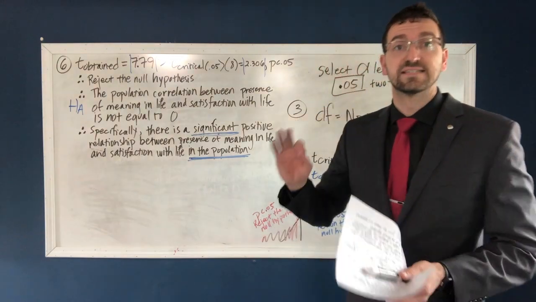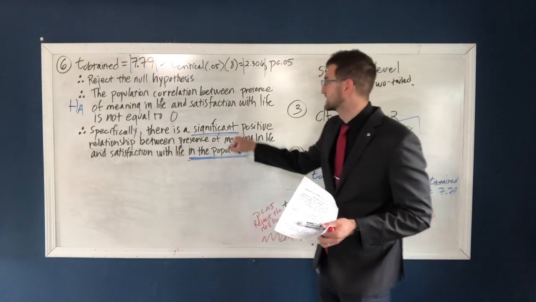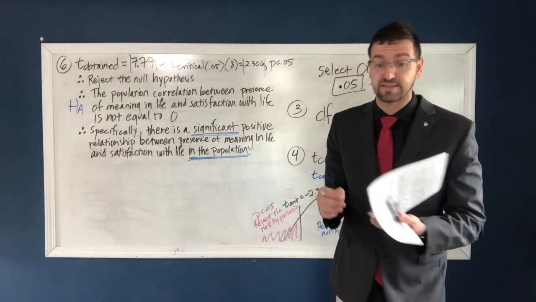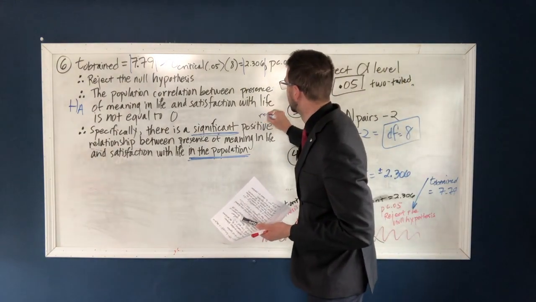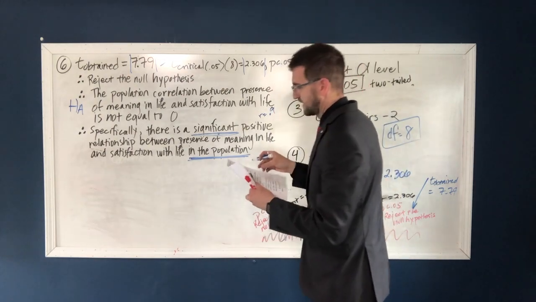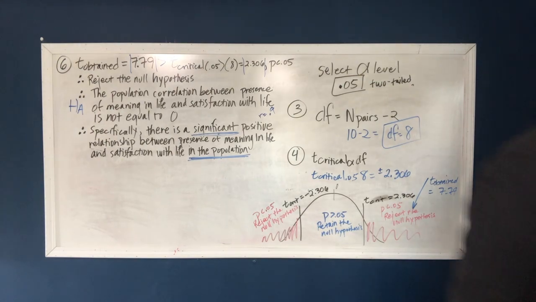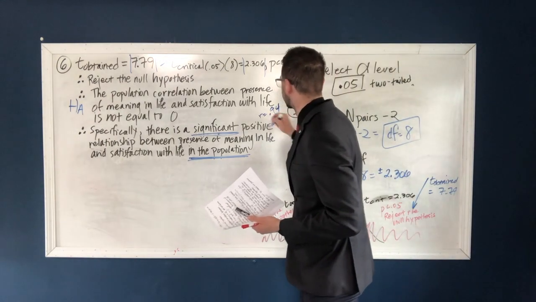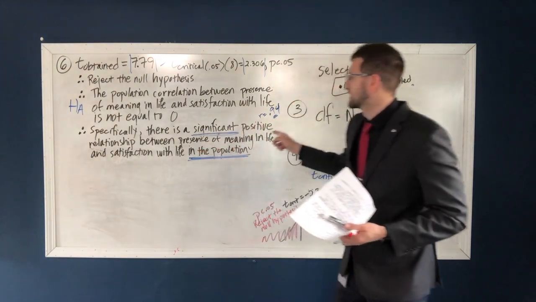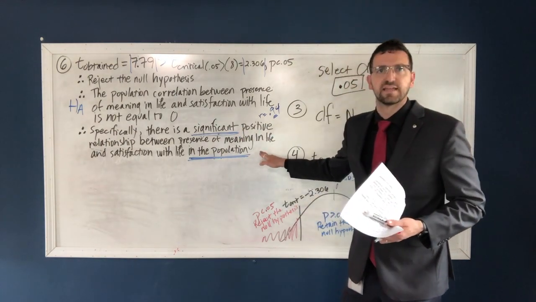The fact that we did a t-test to test the difference between rho and 0 and we rejected the null hypothesis gives us the authority to say that there's a significant positive relationship. And how do you know it's positive? Well, we look back at the sample correlation, which I forgot what it was, hold on, which is 0.94, and it's positive, okay? So there's a significant positive relationship between presence of meaning in life and satisfaction with life in the population.